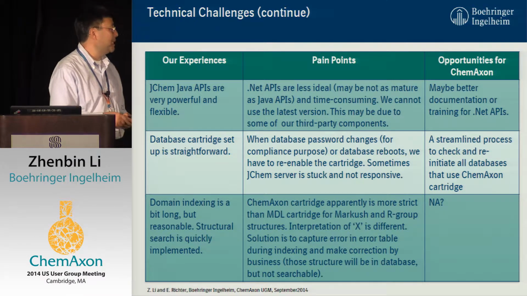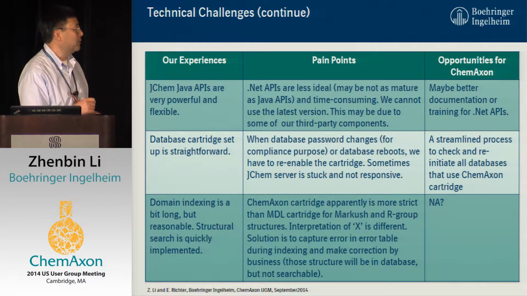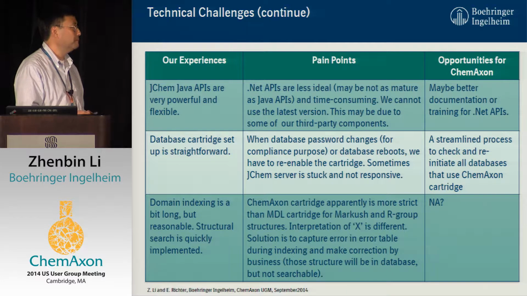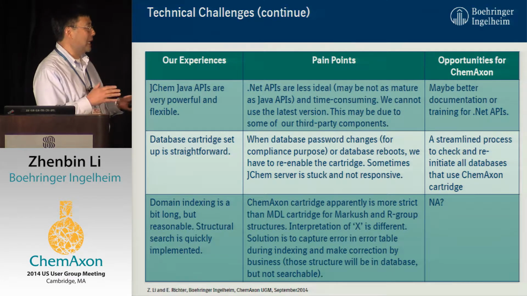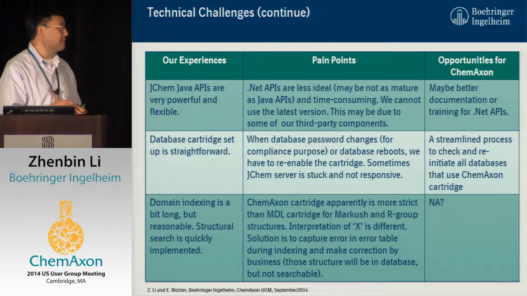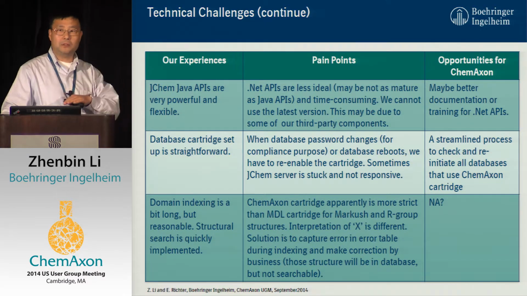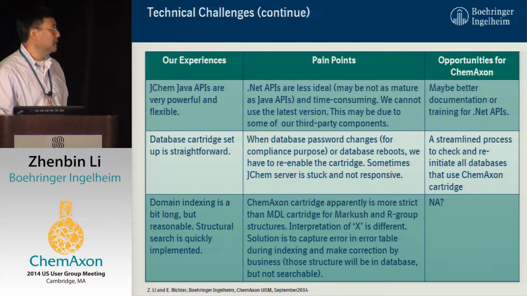Cartridge implementation is very easy, but we have a little bit of an issue with the R group, the structure R group in our database, especially the interpretation of X, which is different from MDL to ChemAxon. So this causes a little bit of a data curation issue.